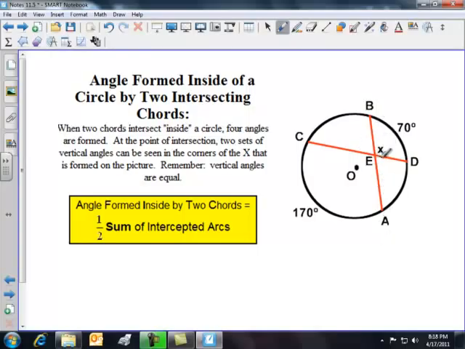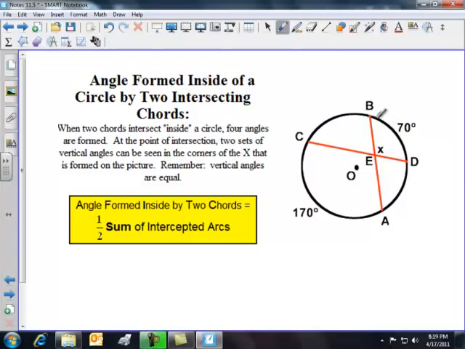This angle X right here is going to be found by finding the sum of the two intercepted arcs. Now it's not just equal to the sum of the intercepted arcs, it is actually equal to half of the sum of the intercepted arcs. So if we wanted to find X, BD is one of the intercepted arcs, AC is the other. I'm talking about the intercepted arcs formed by these vertical angles.